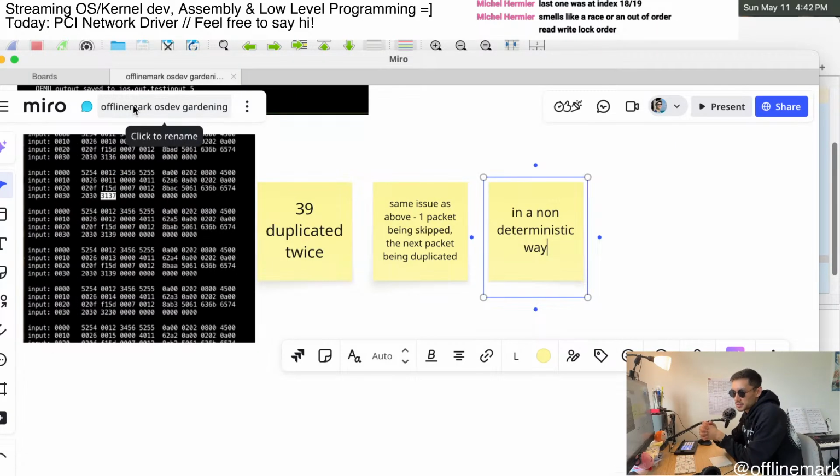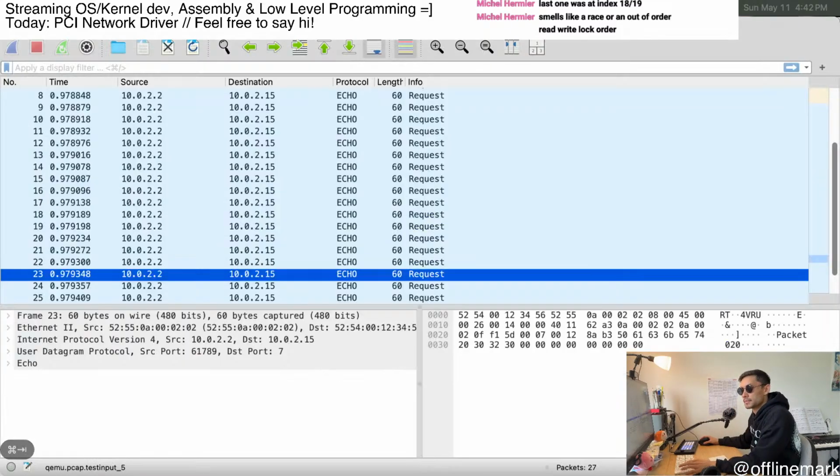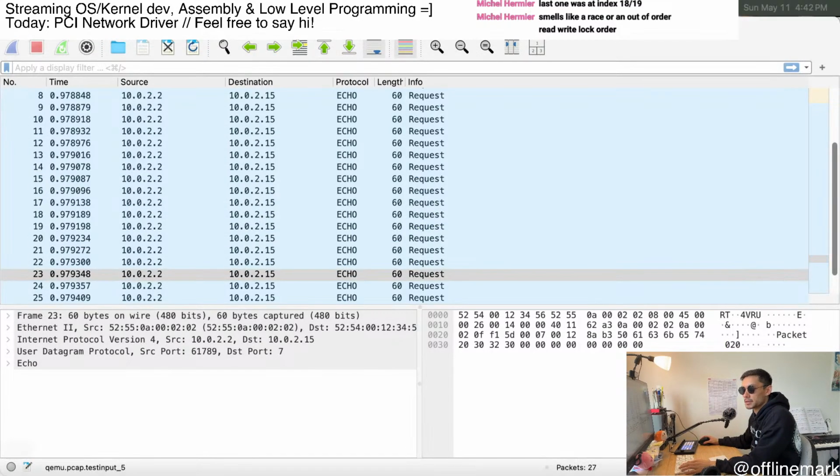Smells like a race or an out of order read, write, lock order. Interesting. I'm just thinking about how to go about debugging this.